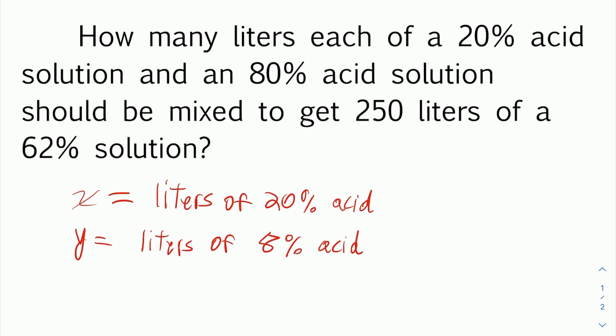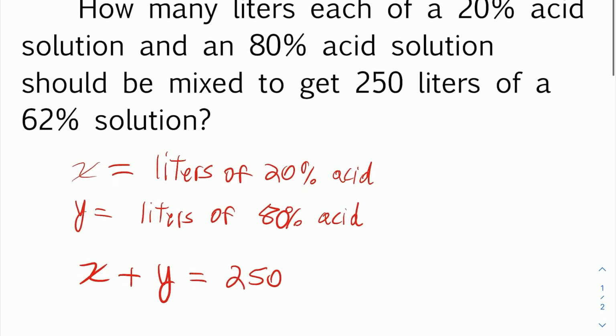Okay, now what do we know about the total number of liters of the acid solution that we should get from the mixture? We know that when I take that 20% acid and mix it with that 80% acid, the total has to be 250 liters. So x liters of 20% acid, plus y liters of 80% acid should equal a total of 250 liters of the 62% acid.